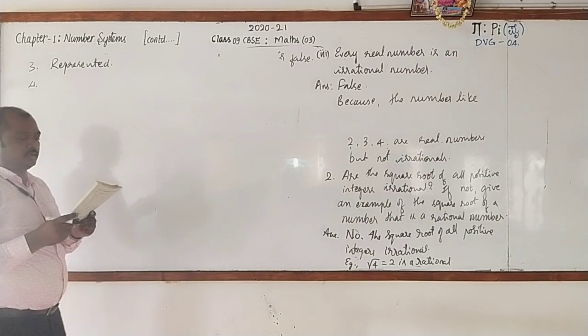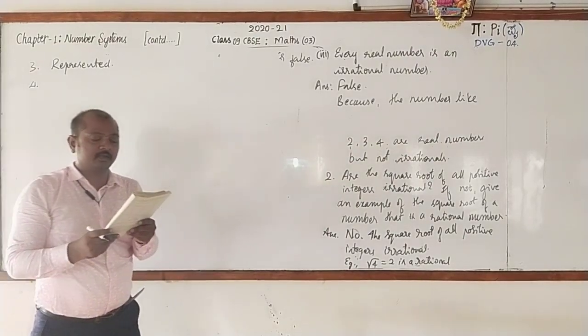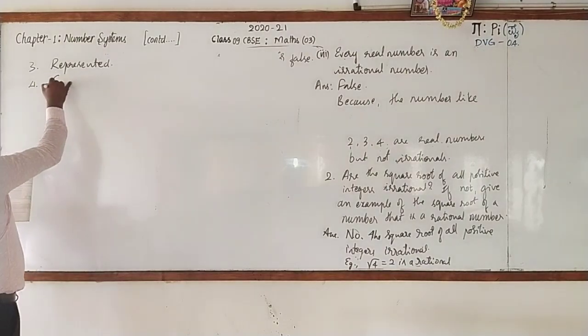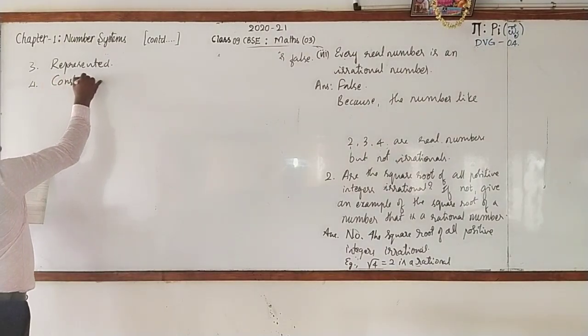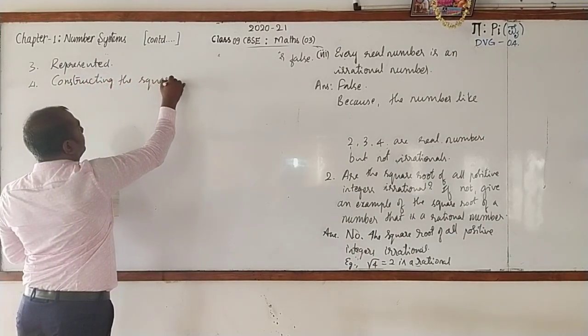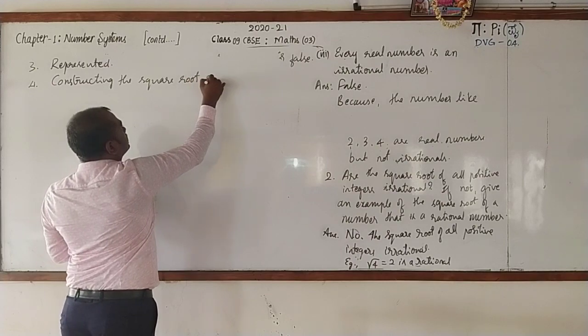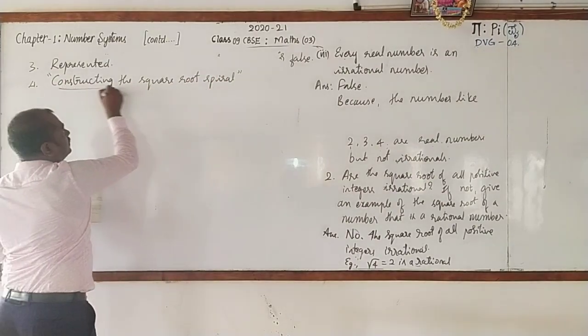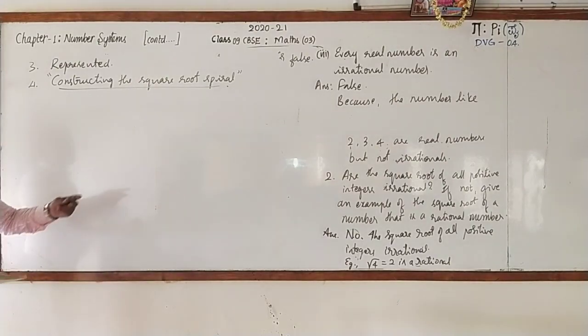Then fourth question, they have given a classroom activity that is constructing the square root spiral. Already I have given you information about this.